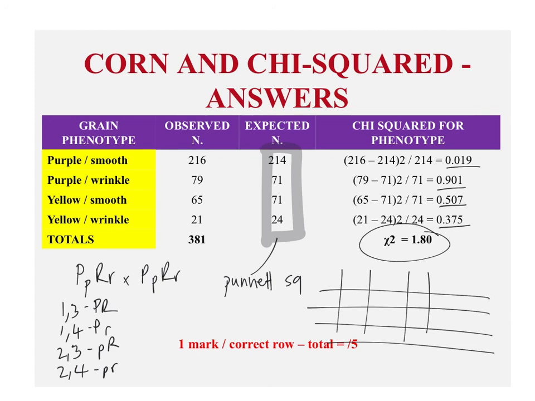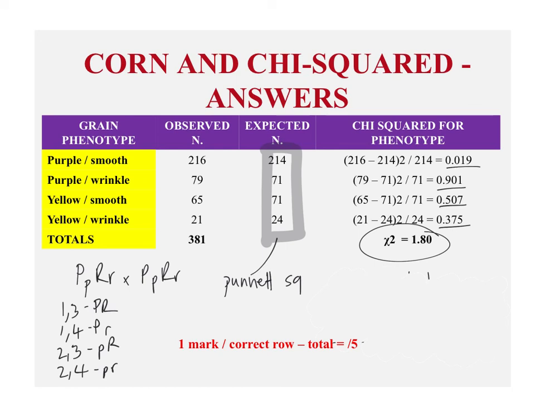Now for this table, each row that you've got correct is a mark. Okay, so we've got 5 available here, so 1, 2, 3, 4, 5. If you're not sure how close your answer is to being acceptable because you've used decimals and things like that, hit me up on chat and we will see where you stand on that. But that's what we're carrying forward.